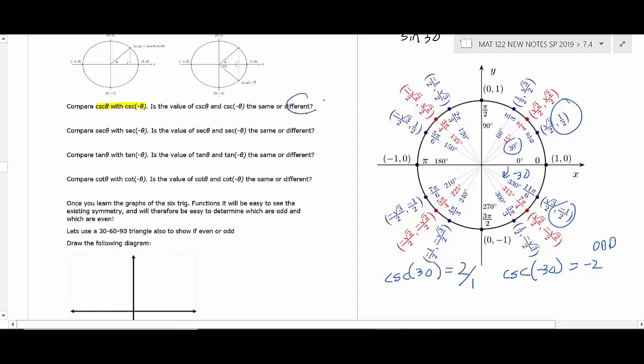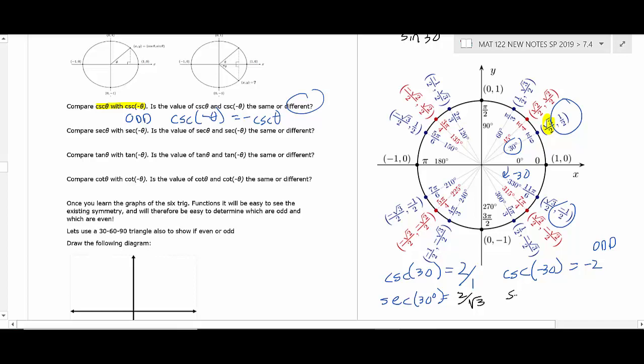So you'd end up with cosecant of negative theta is equal to negative cosecant of theta. So it's an odd function. And then the secant works like this. If we did the secant of 30 degrees, the secant is the reciprocal of the cosine, so that would be 2 over root 3.